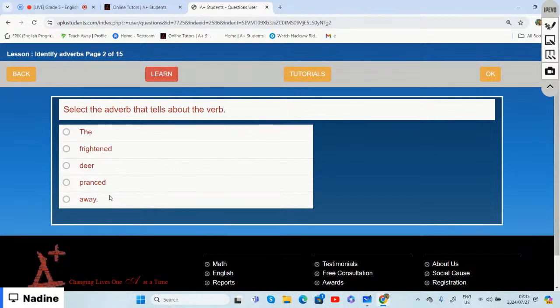And then we can say pranced is a verb. So pranced is the verb, right? It's like moving in high speed.